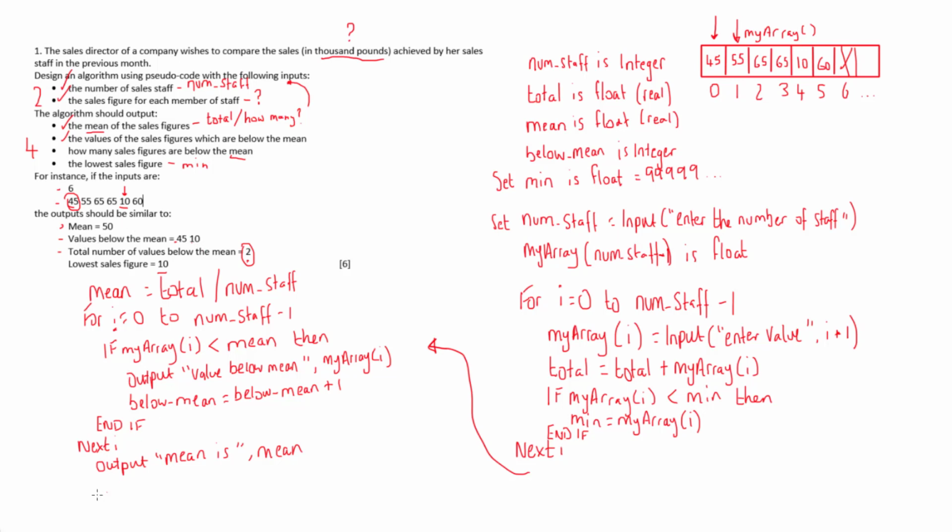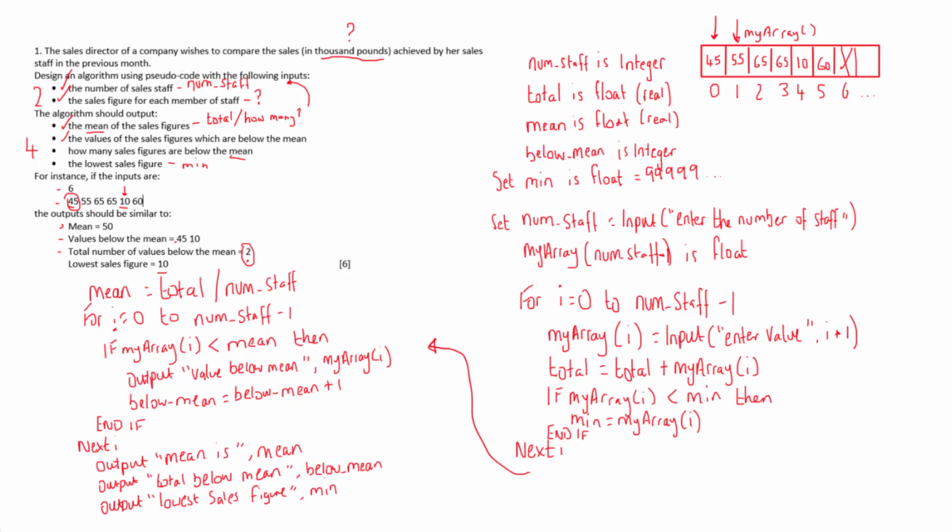Total number of values below the mean, so I need to output total below mean, comma, below mean, and finally the lowest sales figure. And that's min. There we are.